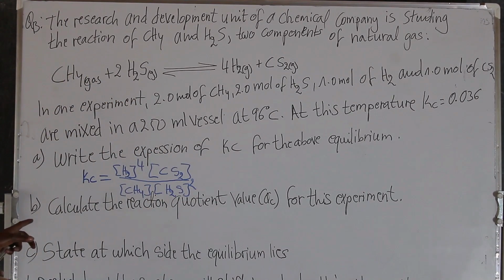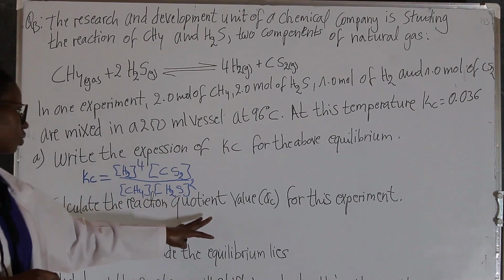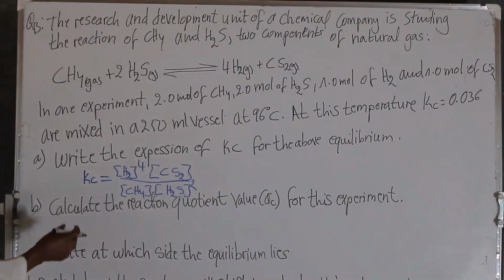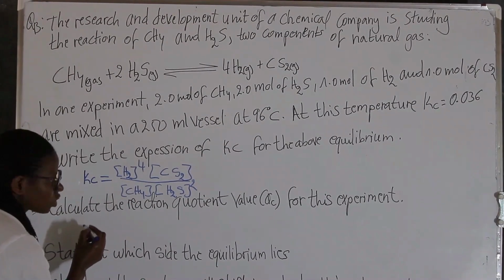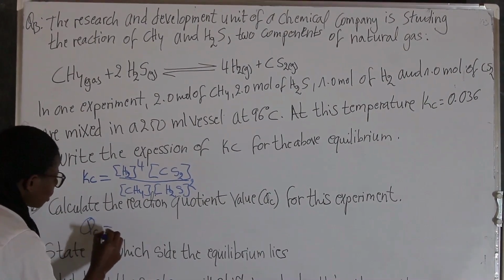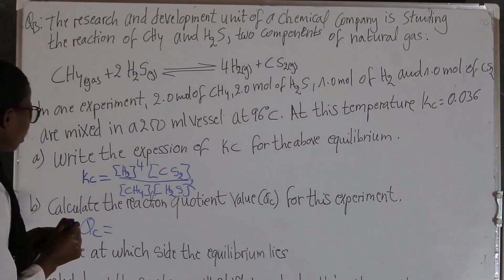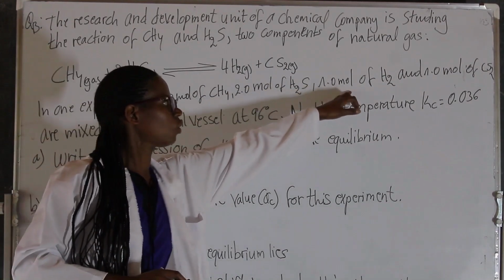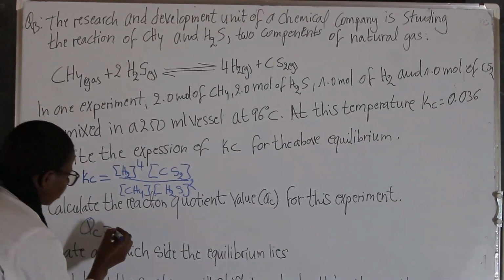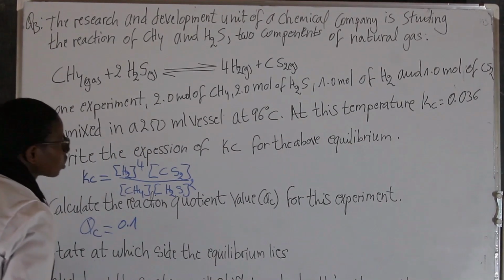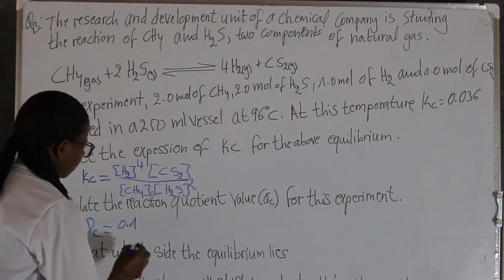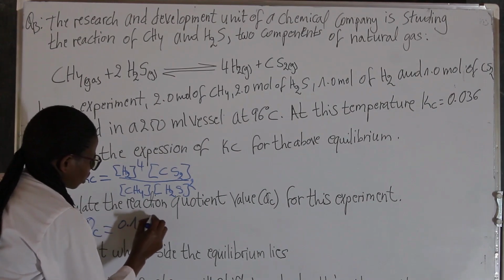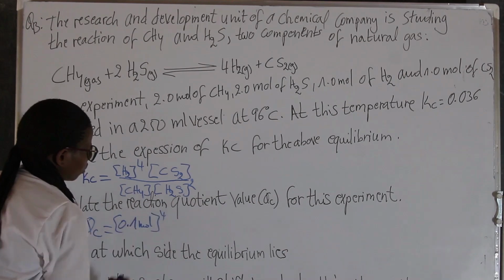For sub-question B, calculate the reaction quotient value for the experiment. It should be this. Reaction quotient, which we call Qc, equal to. Here, the concentration of hydrogen is 1.0 molar, with power 4.